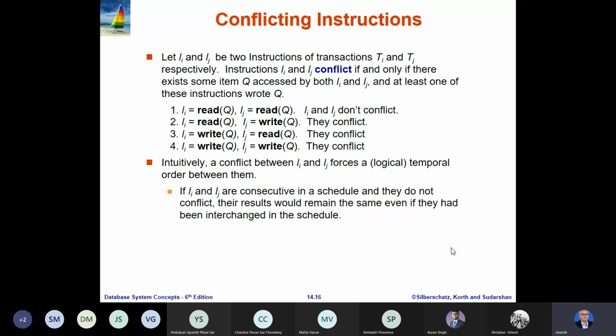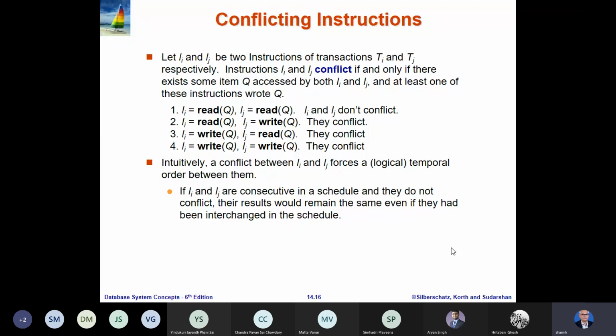So the value read by Ii will be different. It will depend on whether Ii, read Q, came first and then Ij, write Q, or Ij came first, writing the value of Q, which was later read by Ii as read Q. Are you able to follow that? So you see that between these two instructions there is a conflict in terms of the net effect they will have, based on which one comes first and which one comes next.